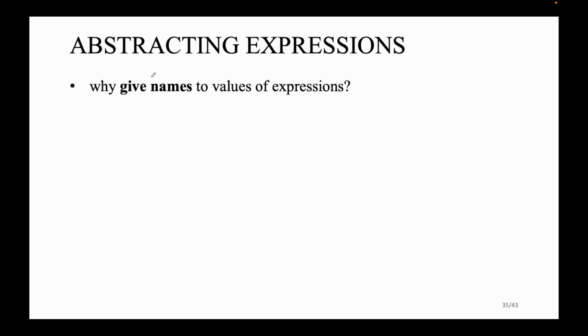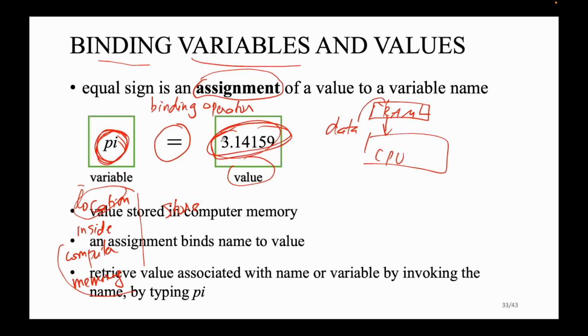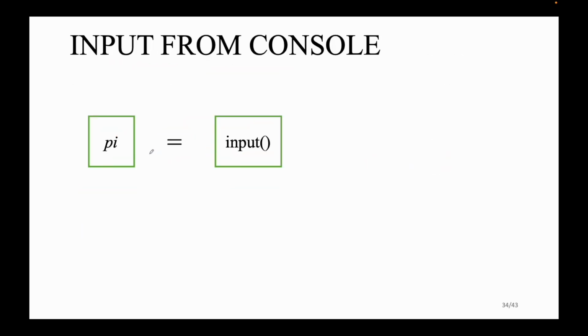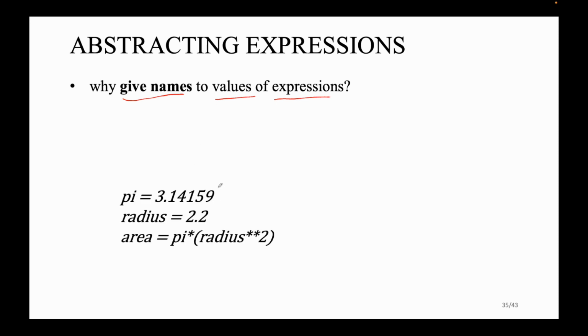So what are the benefits of using variables? First, as I mentioned, we give a name to the values of an expression. Here we have an expression with an operand, an operator, and another operand.